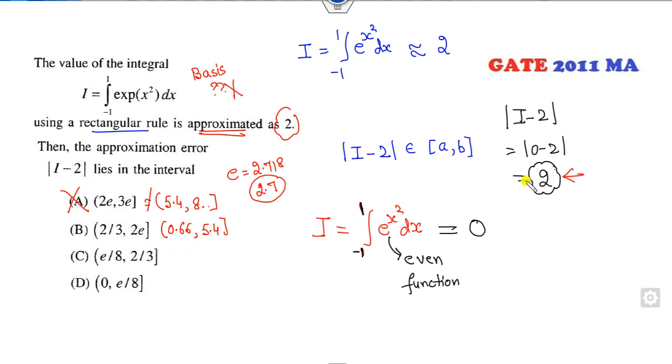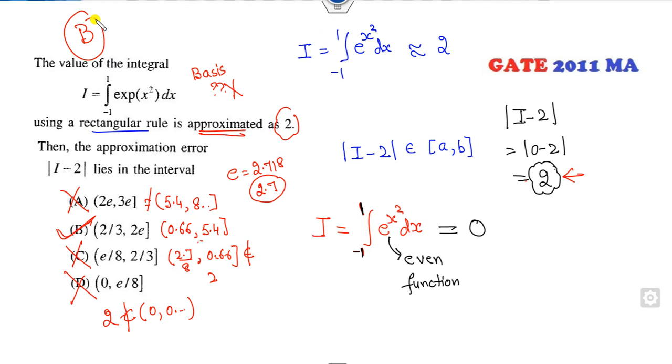You can see 2 lies in this, so this is the right answer. E over 2 is 2.7 divided by 0 point something and 0.66. Clearly 2 does not lie here, cancel out. This is 0 and this is 0 point something, again 2 does not lie, so this option is cancelled. The correct option is B.